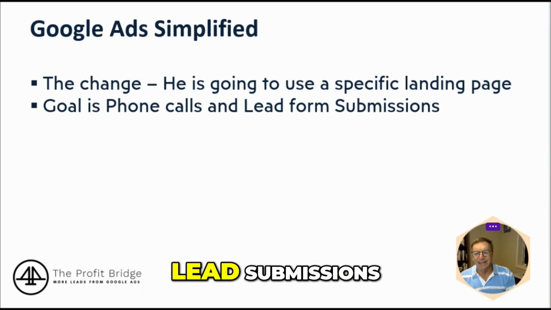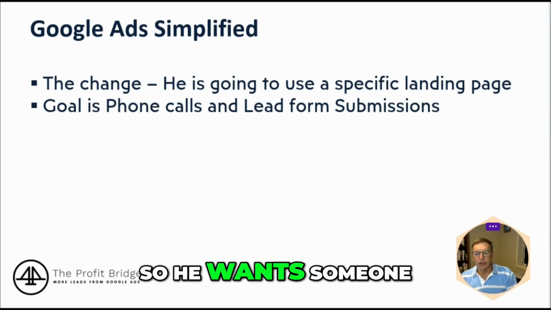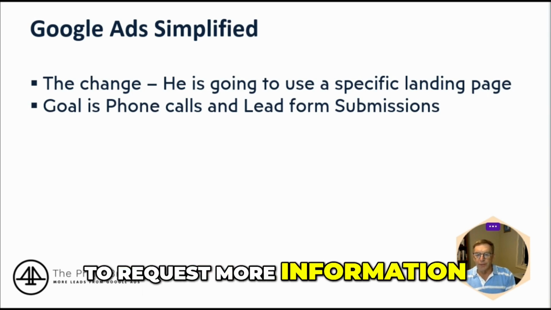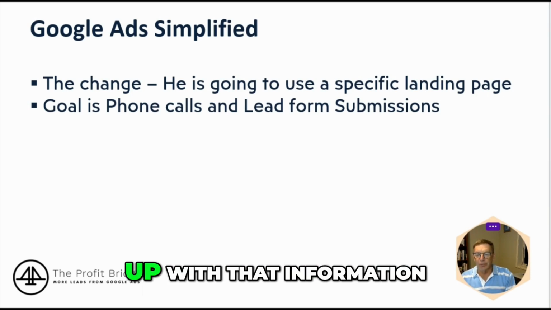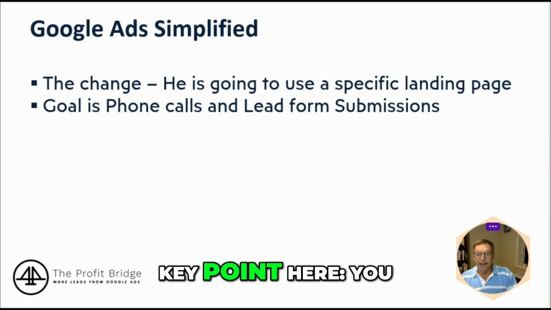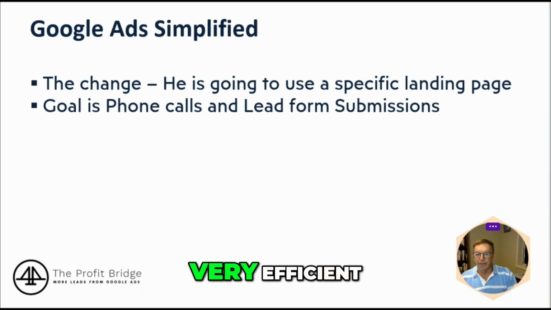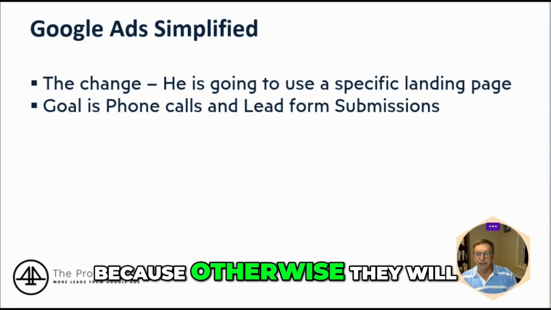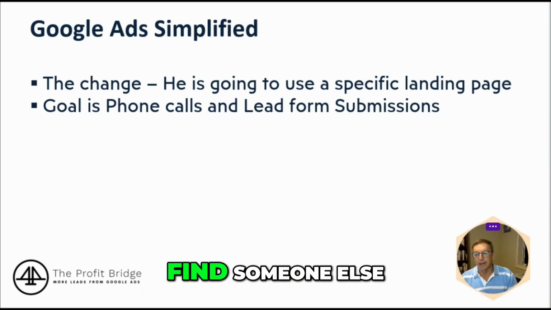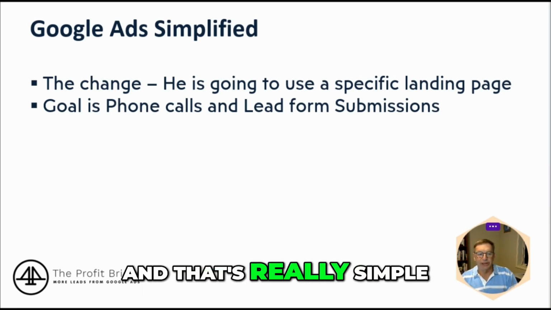The next one is lead submissions. He wants someone to request more information, and then he follows up with that information. Key point here: you have to make those follow-ups very quick and very efficient, because otherwise they will find someone else. It's really as simple as that.